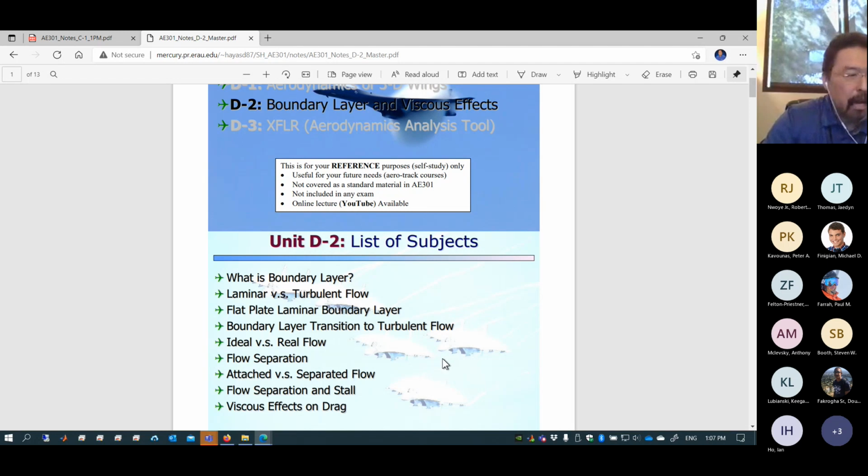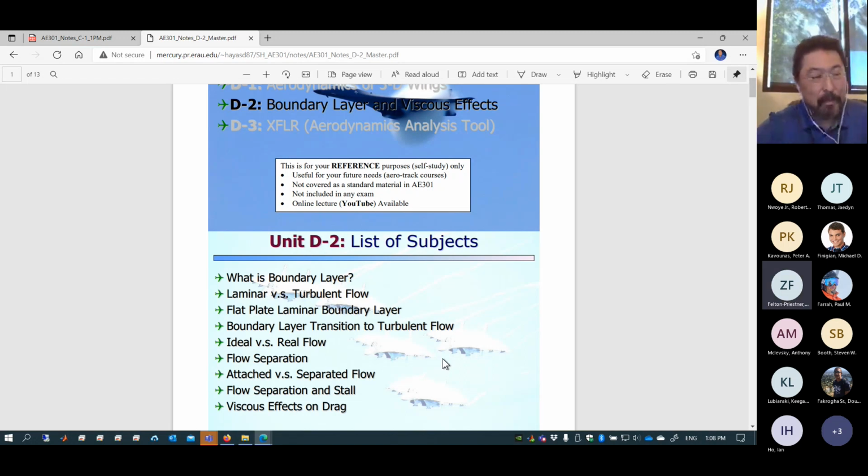Once you know how it behaves over the flat plate, the next thing is to apply the same theory to a curved path. A curved path really means you have an added pressure gradient, either positive or negative, adverse or favorable. So it is going to change the behavior of the boundary layer. That is added on top of the panel method. That's xFlyer 5.